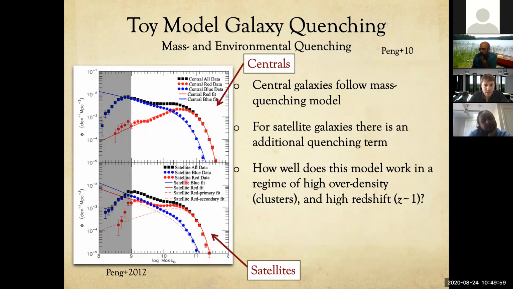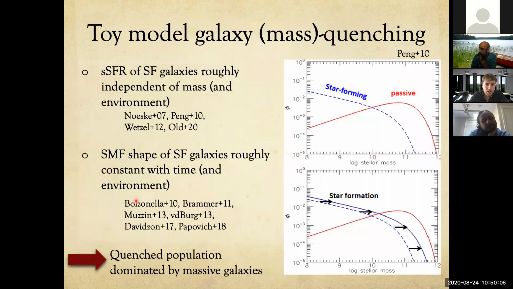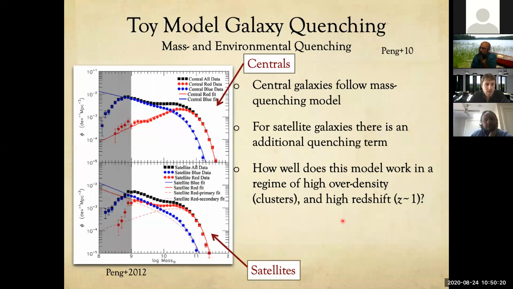Now for the satellite galaxies, there's a different form, and that can also be understood in the same framework and also following the same observables. Namely, you can also quench galaxies completely independently of stellar mass. And that would lower the overall normalization of the star-forming galaxy stellar mass function, but not change its shape. And that is what you see here. So this upturn is caused by those galaxies that have been quenched completely independently of stellar mass.